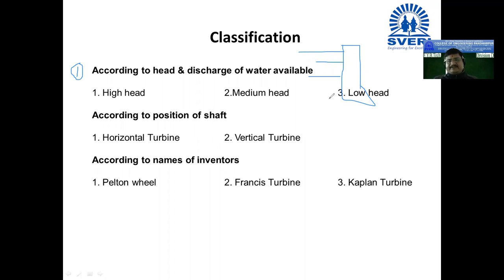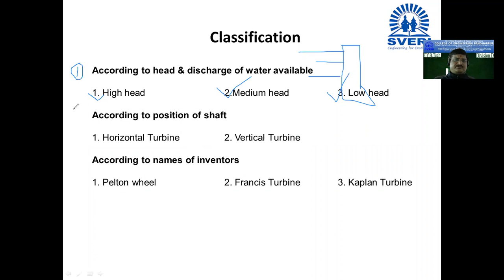And discharge means whatever water is available. Now if the head is more, most of the time discharge is also more. Depending on that, there are 3 subtypes of the turbine. One is a high head, second is a medium head, and third is a low head. These are the 3 types depending on the head and discharge of water available.